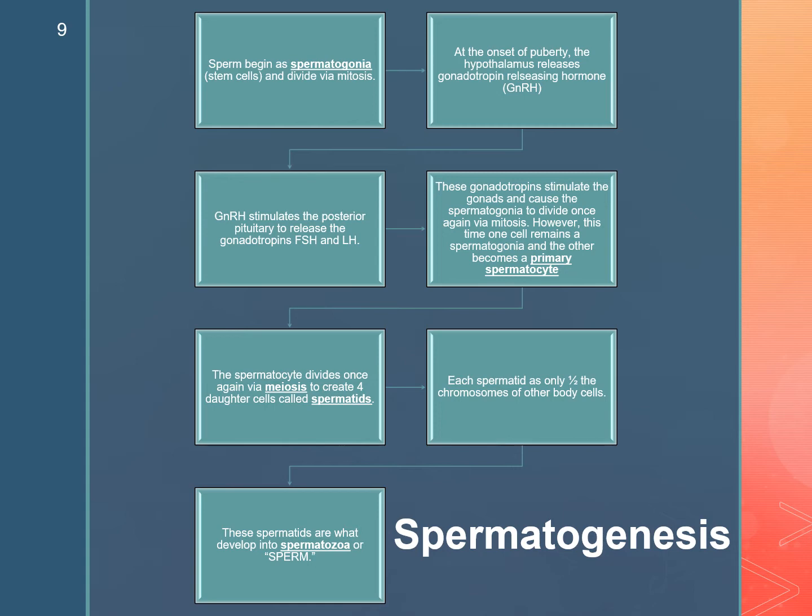Instead of having that normal 46, they have 23 chromosomes. That's because they're going to join with the ovum, which has 23 chromosomes, and together they're going to make 1 cell. So they're each a half at this point. So these spermatocytes divide by meiosis and create 4 daughter cells, 4 half cells, if you will, to make more me's, called spermatids. And these spermatids are what are going to develop into spermatozoa, or what we refer to as sperm.